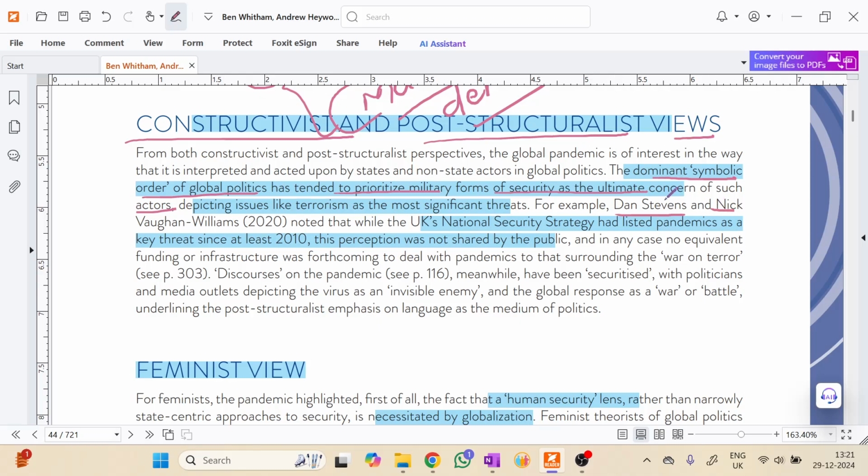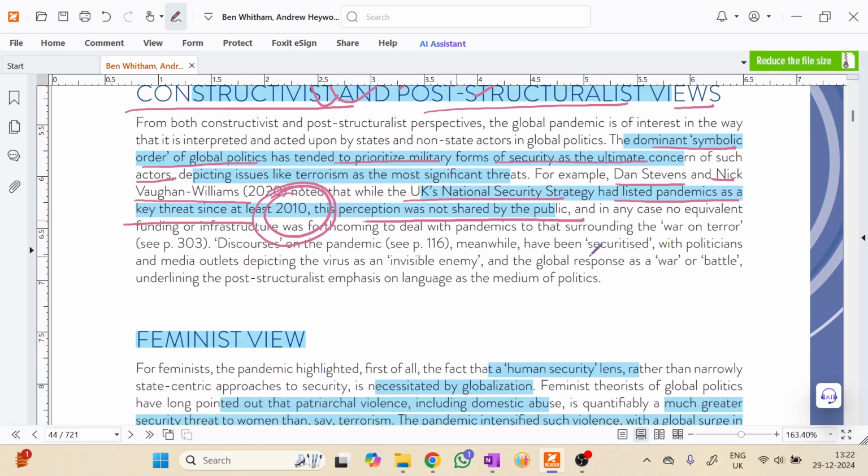Dan Stephen and Nick Vaughan Williams noted that the UK's national security strategy had listed pandemic as a key threat since at least 2010, but this perception was not shared by the public, and nothing was done to upgrade on this particular ground.